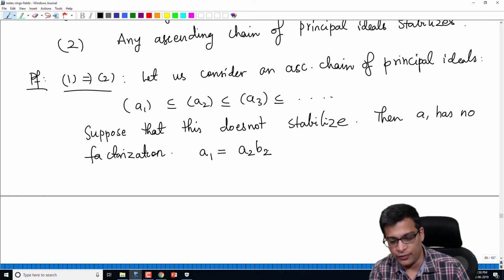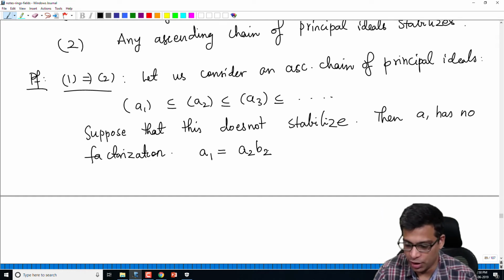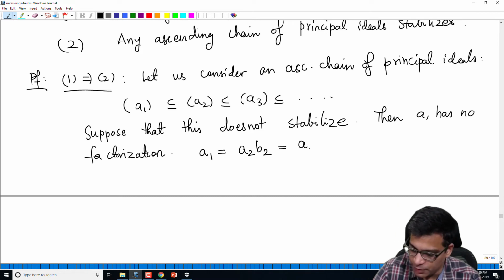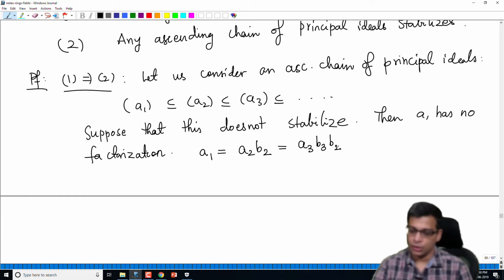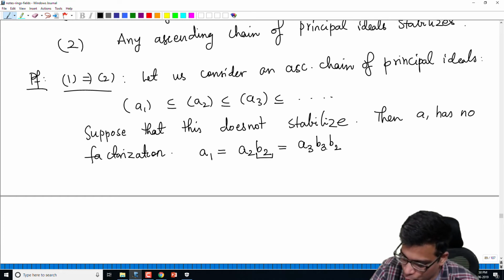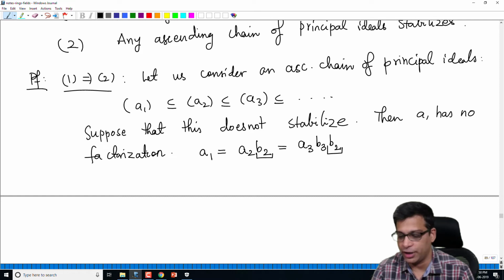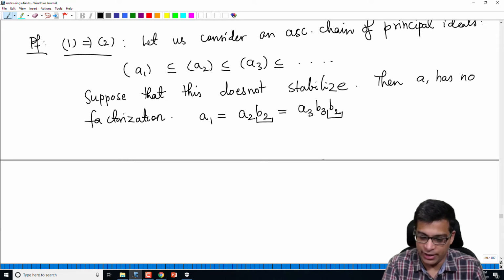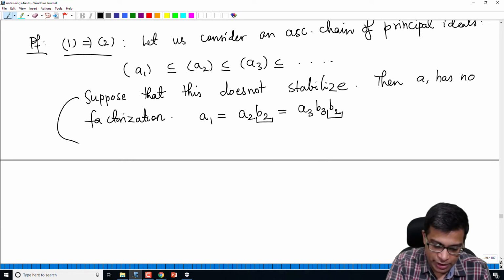The fact that A1 is contained in the ideal generated by A2 means A1 is A2 times B2 for some B2. But A2 is in the ideal generated by A3, which means we have A3, B3, B2. I am retaining B2 as it is, but A2 can be written as A3 times B3.